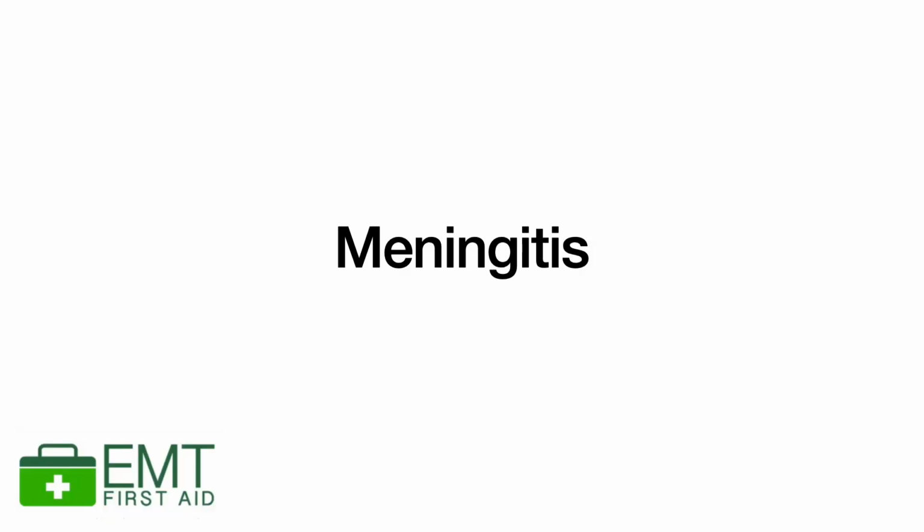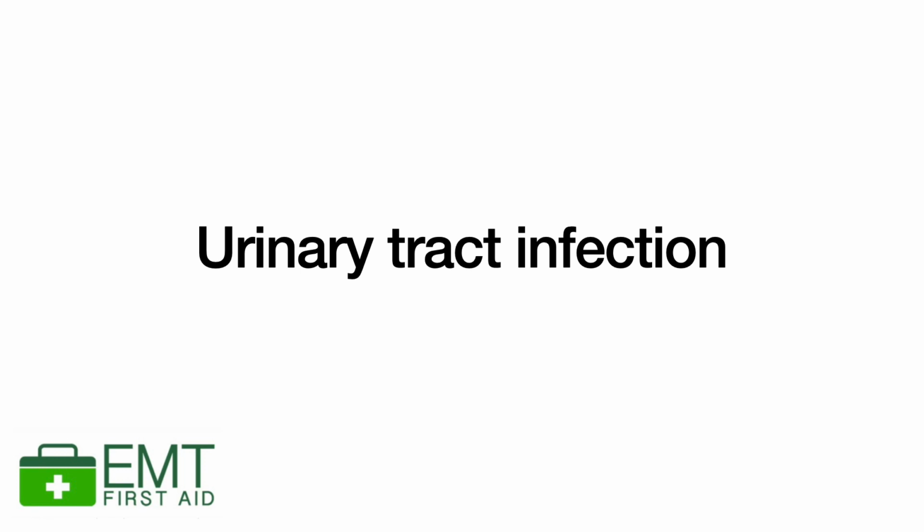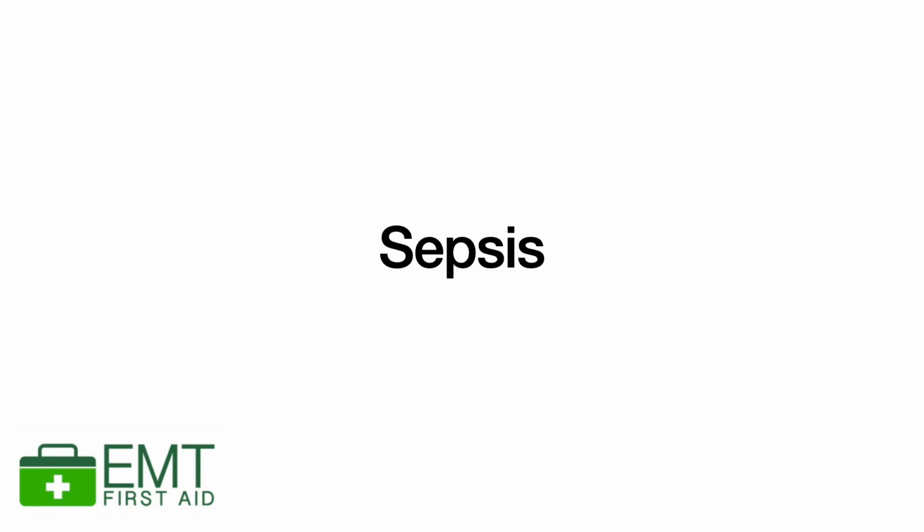Meningitis, which is the brain and spinal cord inflammation. Peritonitis, which is the intestines getting inflamed. UTIs. Streptococcal toxic shock syndrome, which is infection causing low blood pressure and injury to organs such as the kidneys, the liver and the lungs. Very similar to something we know as sepsis.